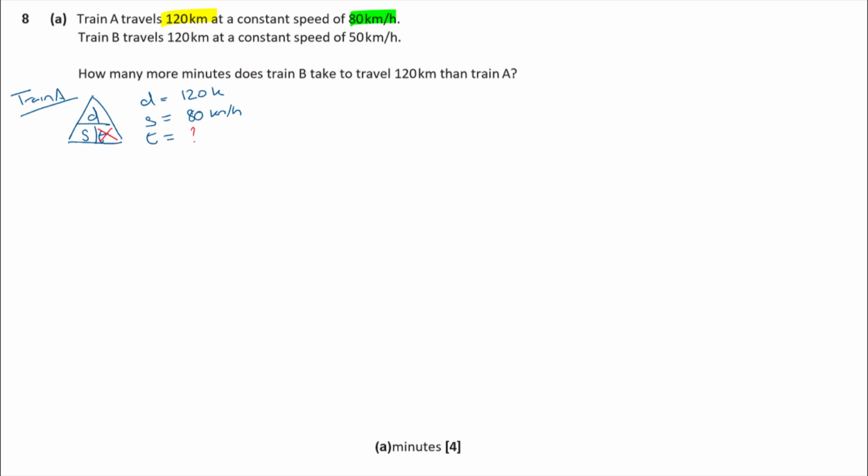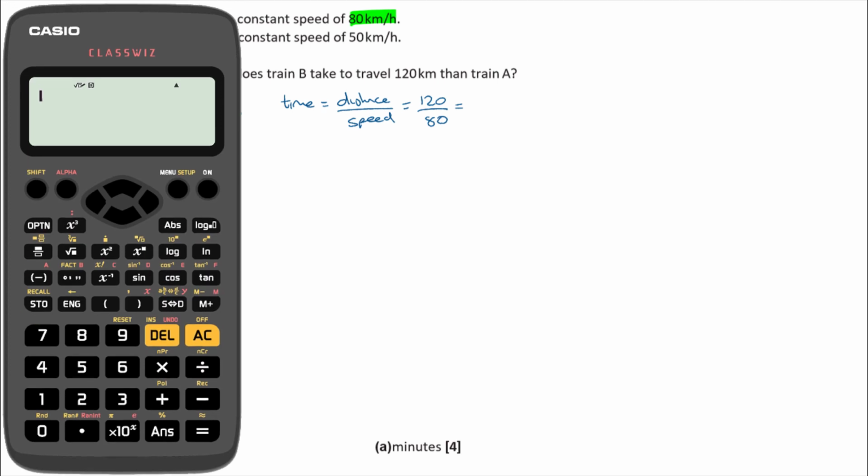So it's going to be time equals distance divided by speed, which is distance 120 divided by speed, which is 80. What's that?